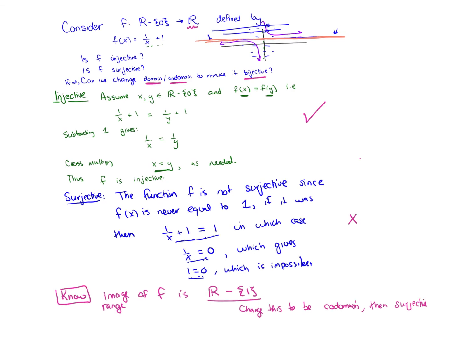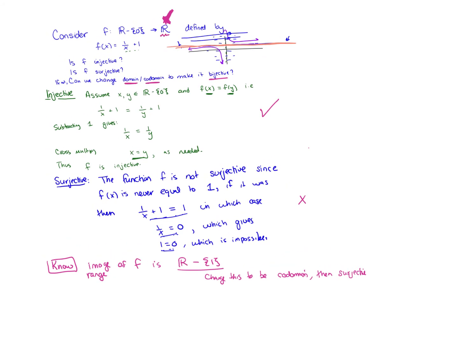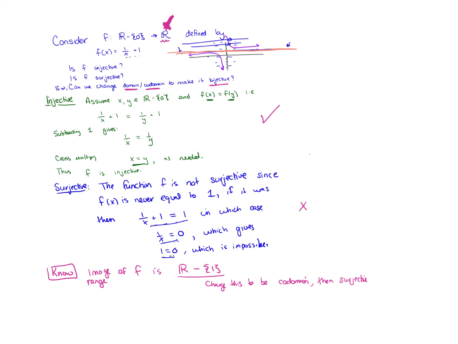So we can always make a function surjective by just changing what that codomain is, which is why it's very important to write the codomain before we ask this question. So let's go ahead and we'll pop it into another slide. We'll change that codomain, and then we'll show that new function is surjective.